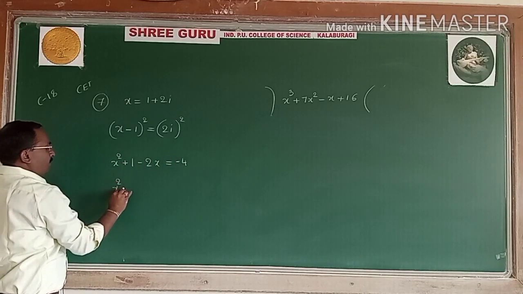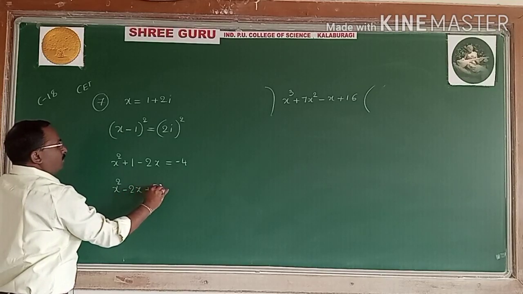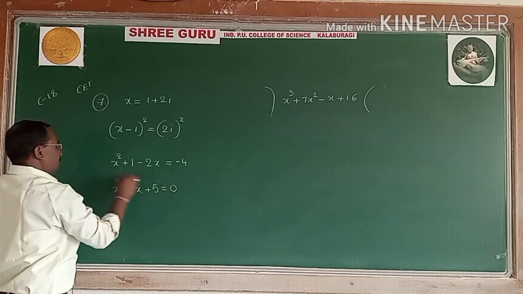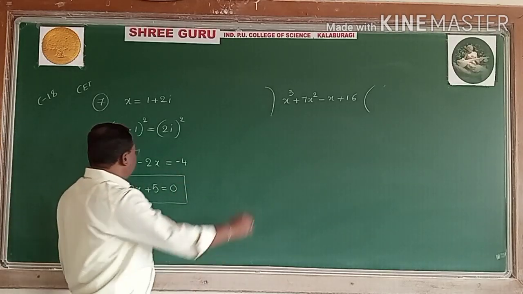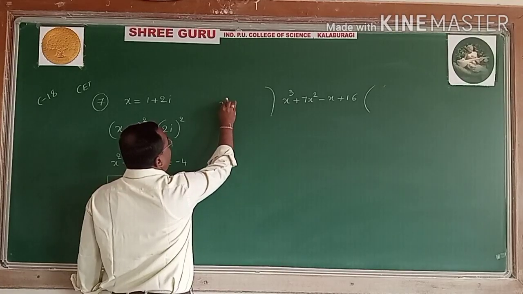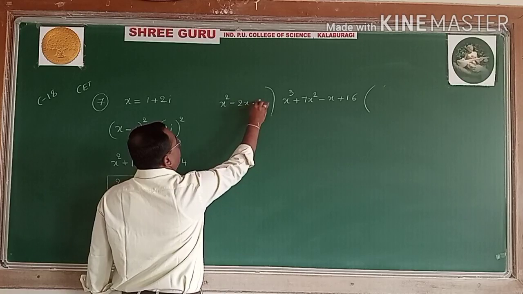So x square minus 2x plus 5 is equal to 0. This is the divisor: divide by x square minus 2x plus 5.